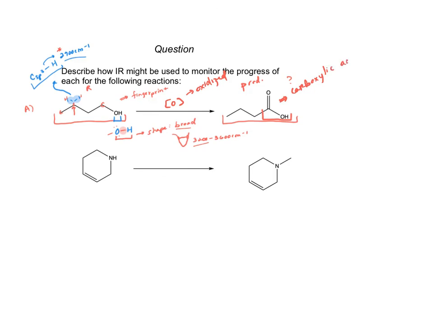Carboxylic acid, right? With the carboxylic acid, because of our oxygen-hydrogen alcohol group, we have two different regions for hydrogen bonding, so that broad OH signal is going to broaden even more. For carboxylic acids, we go from something like this to something like that.